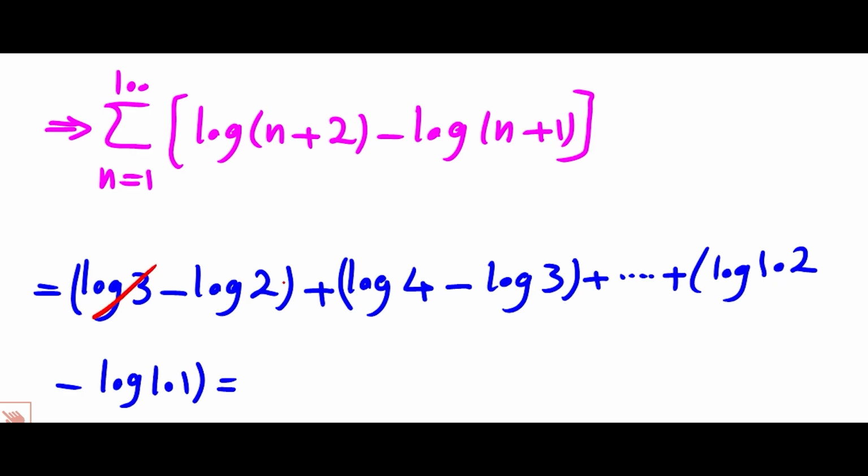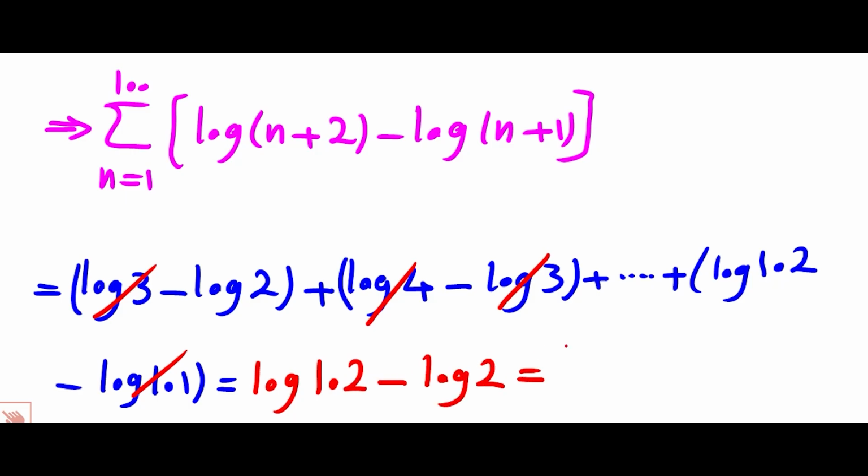Now everything cancels in the middle, meaning telescoping, leaving log of 102 minus log of 2, or log of 102 over 2, which means log of 51.